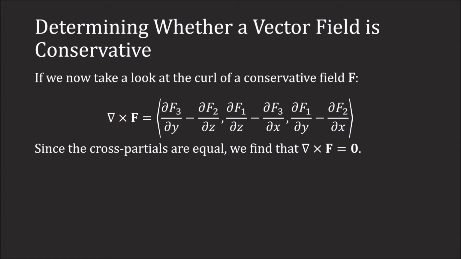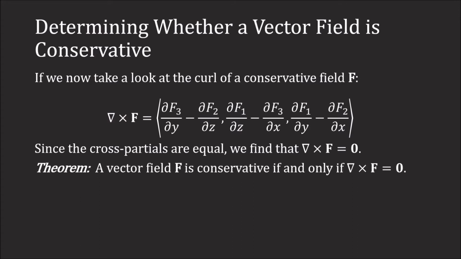Right? So here we've just shown that if F is conservative, its curl is 0. Again, offered without proof: if the curl is 0, then it's a conservative vector field. So a vector field is conservative if and only if its curl is 0.